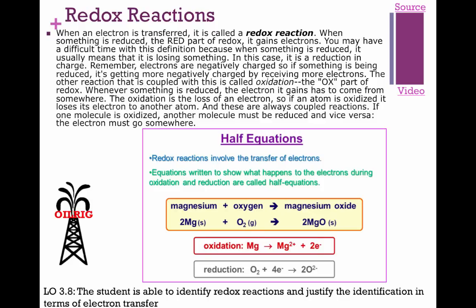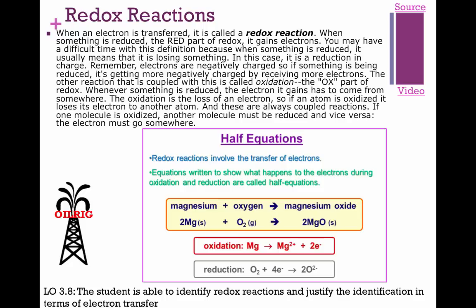Okay, so then coming back to redox reactions, all this information at the top essentially says you have 2 types of reactions. You have reduction and you have oxidation. Reduction reactions are when your oxidation numbers go down. So you go from 0 to -1 or +1 to 0. It gains electrons.